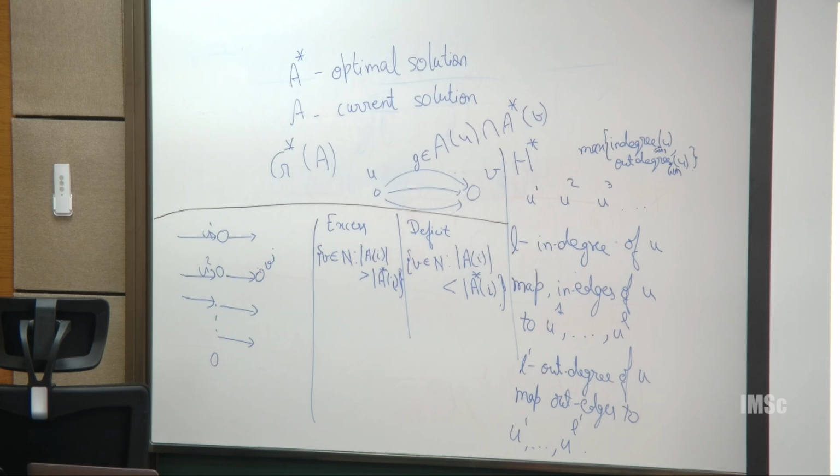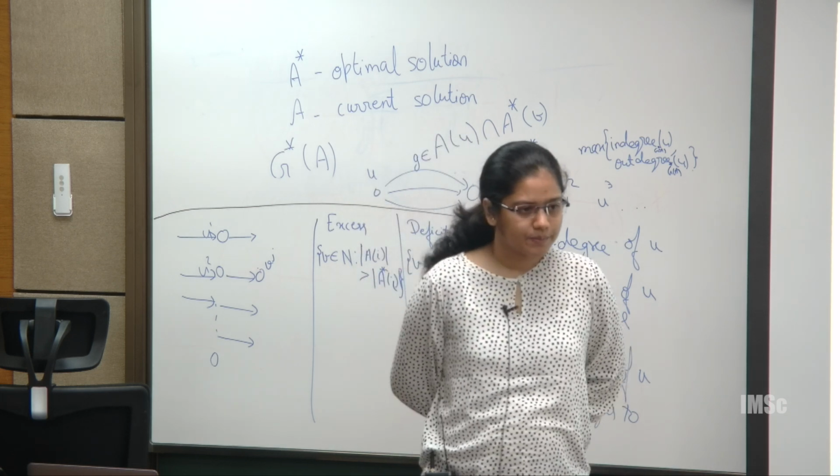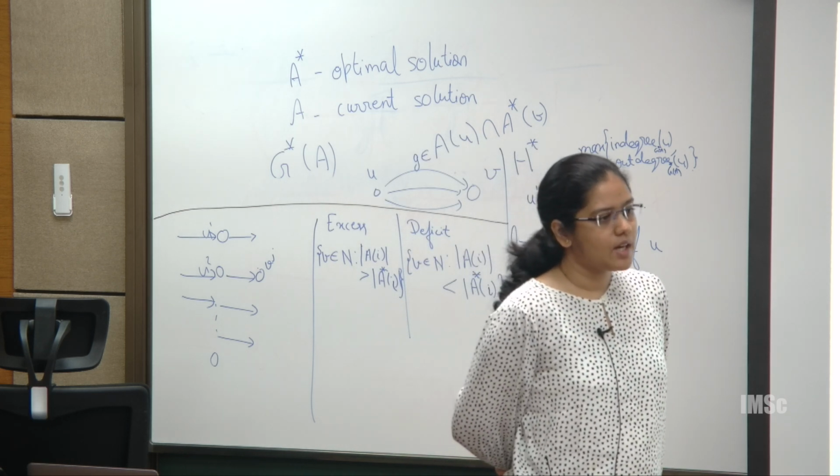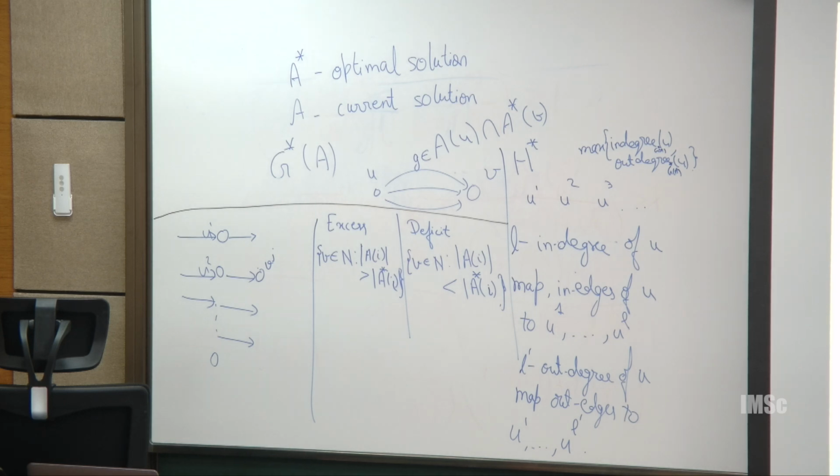Okay. Now, one thing to note here is that if you look at a path, right, the source vertex is what? Excess or deficient? Right, excess. This is fine with everybody, right? The source vertex is excess, because why is it source? Nobody is coming into it, so it's excess.